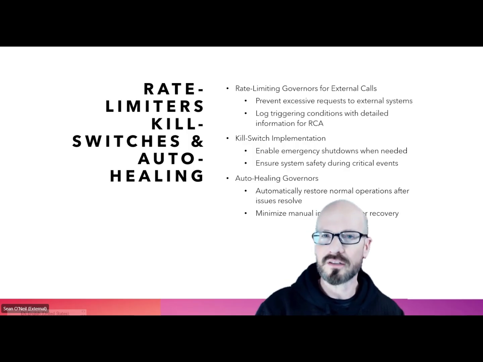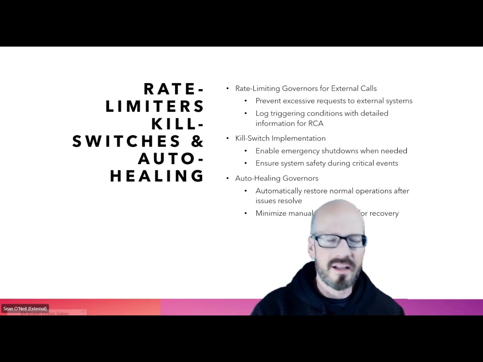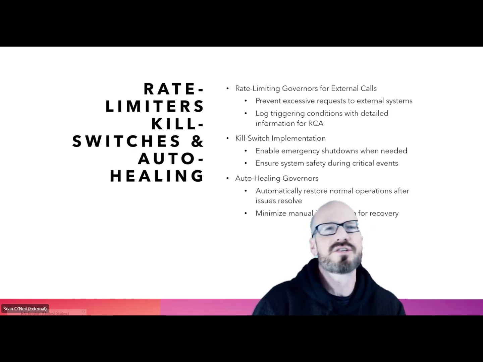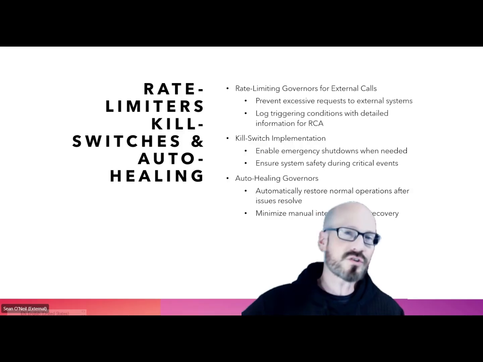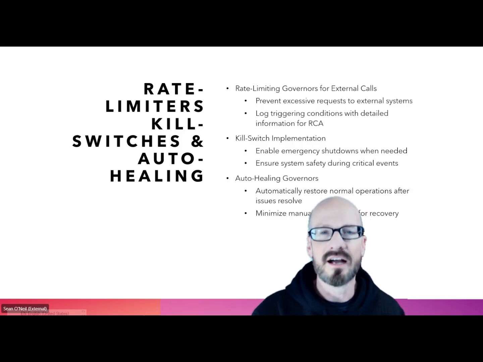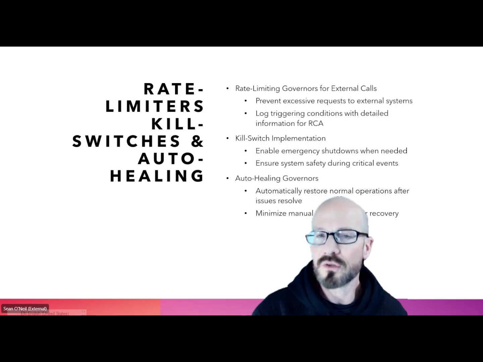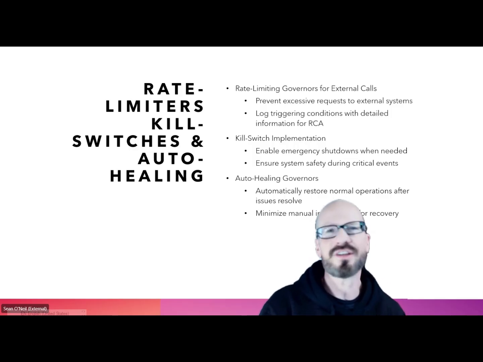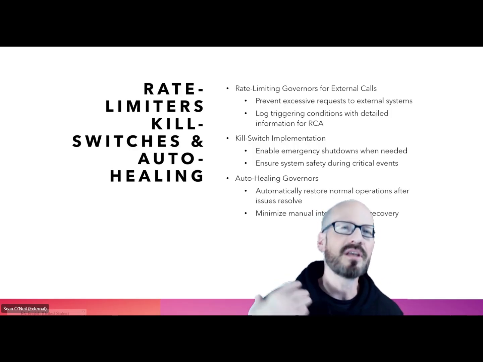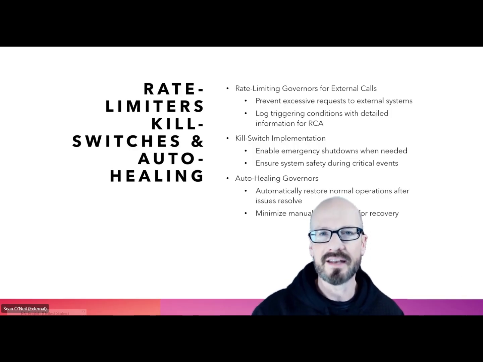Those calls could be API calls, database calls, or even asynchronous calls like messaging into a Kafka bus. If those are coming in at a rate that is far outside of what your system was designed to do, unless you have a limit, your system is going to do what you told it to do, which is answer the call. But it can be overwhelmed by too many requests coming in.